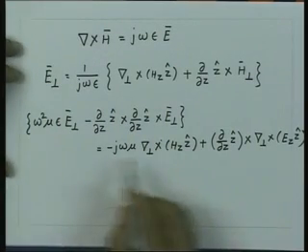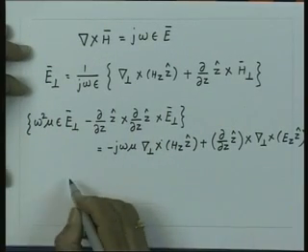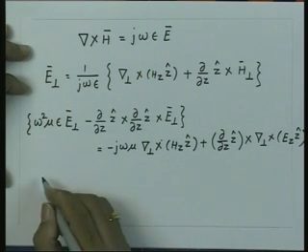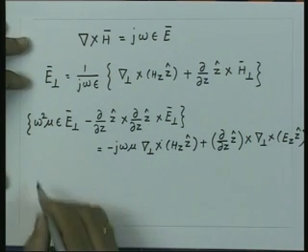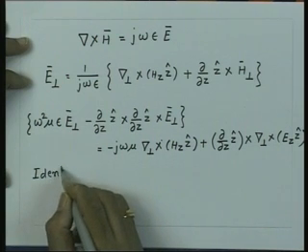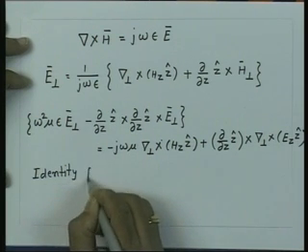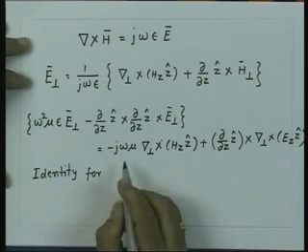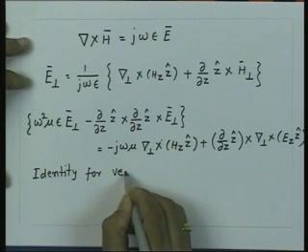Now, we use the vector identity for the vector triple product.